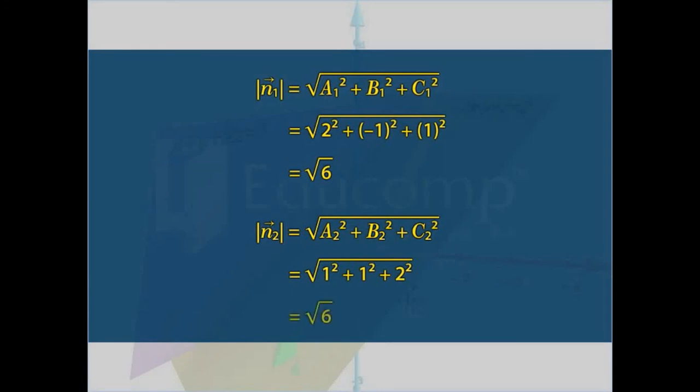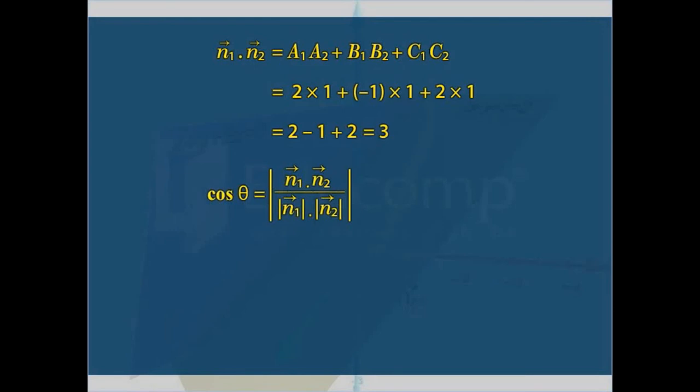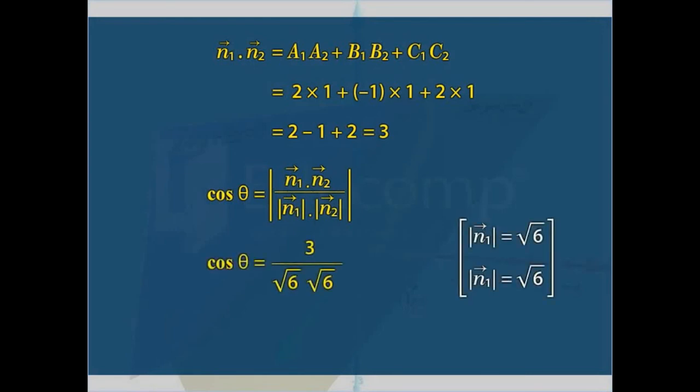This results in square root of 6. Vector n1 dot vector n2 equals 3. This implies that cos theta equals 3 by 6, and this equals 1 by 2. This implies that theta equals cos inverse of 1 by 2. The angle theta between the two planes is pi by 3.